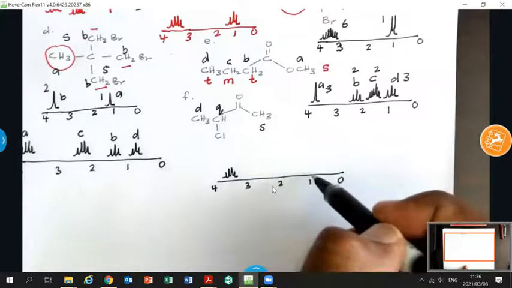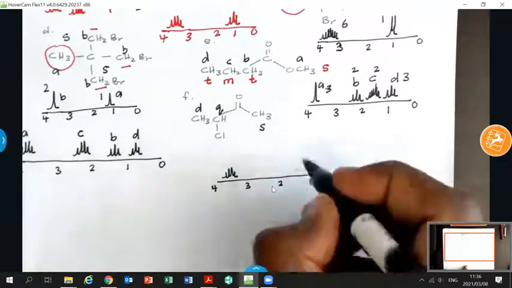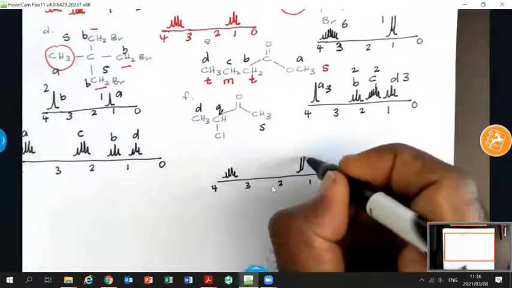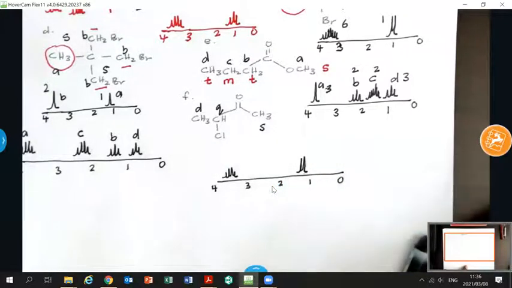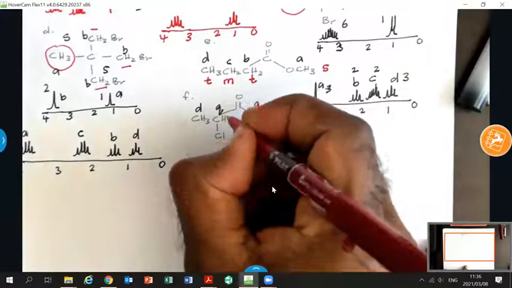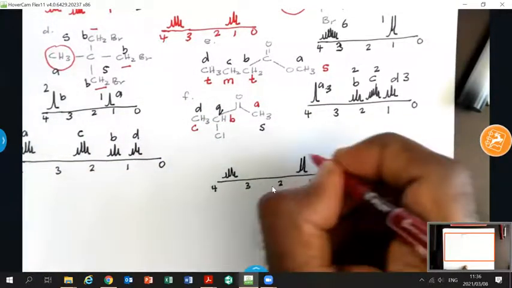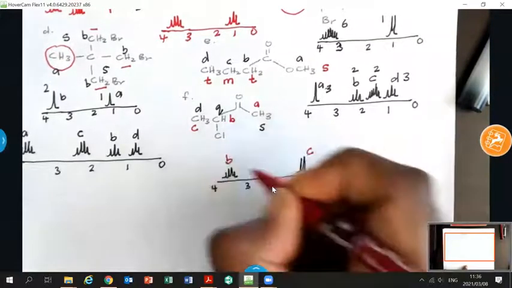It's not as shielded as 1. It's probably on the other side of 1 because I have a chlorine, but that's 3 bonds away. So I'm probably going to find a doublet here. I'll put this as A, B, and C. And you can see that the C resonance is here and the B resonance is here.